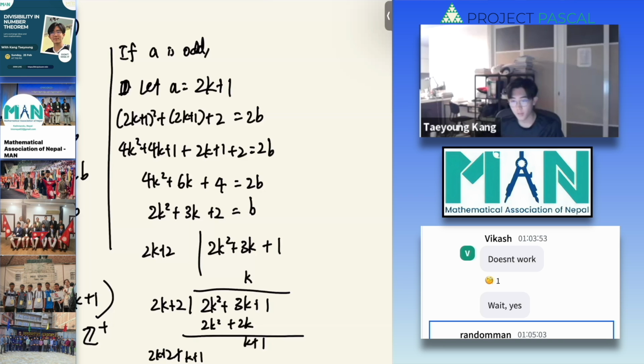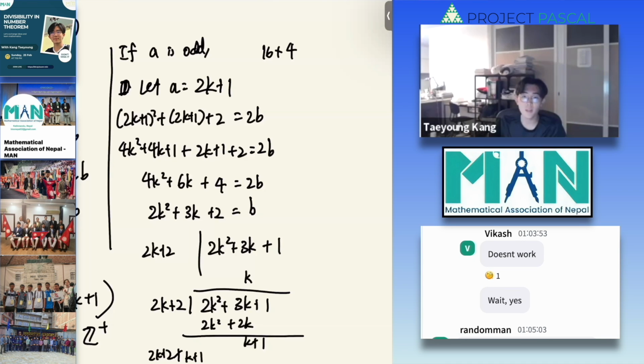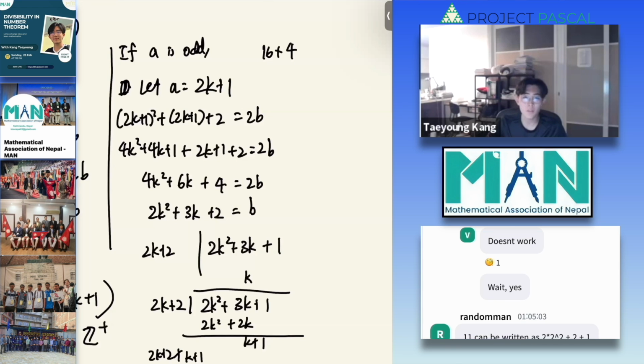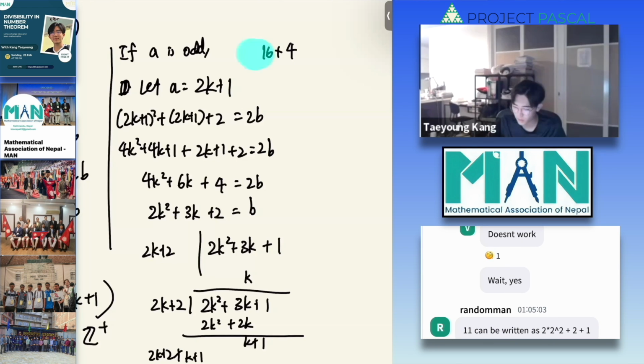Four, 11 can be a solution. 16 plus, yeah, 4, yeah, it can be. It does work, but it works because A is even. Yeah, so only A even is a solution, right? Yeah. A odd doesn't work.